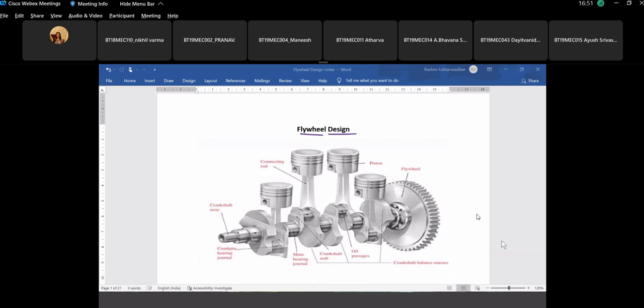Venkat Sai. Attached to the rotating shaft. Okay. Why do you need a flywheel in any engine or in a machine?